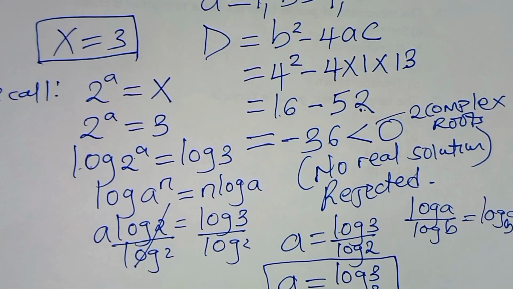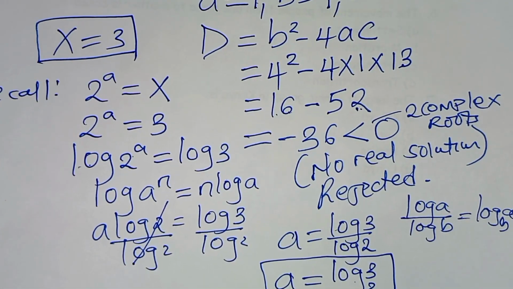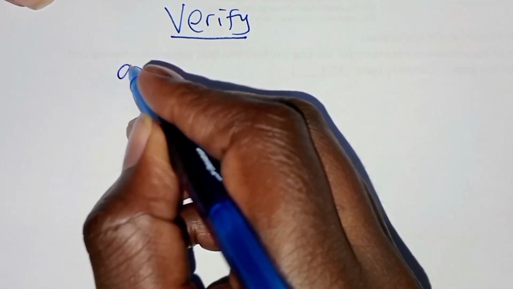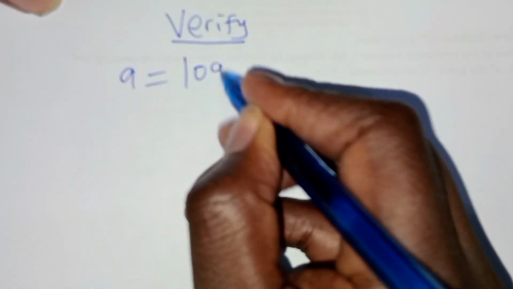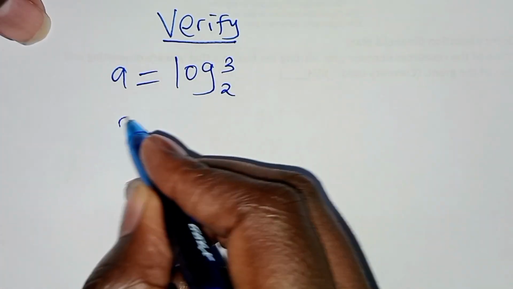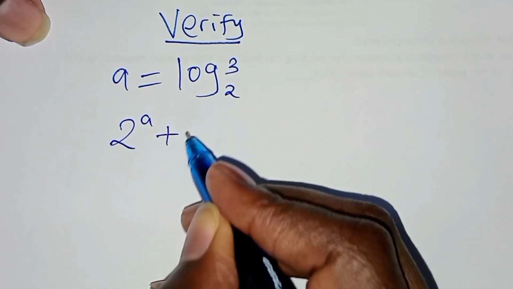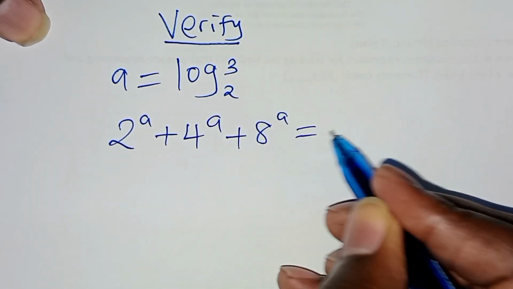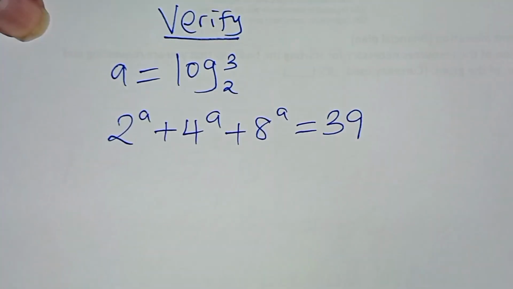So let's verify that this value of a, which is equal to log 3 to base 2, actually satisfies the equation. Now again, if you recall, we had that 2 to the power a plus 4 to the power a plus 8 to the power a should give us a value of 39.